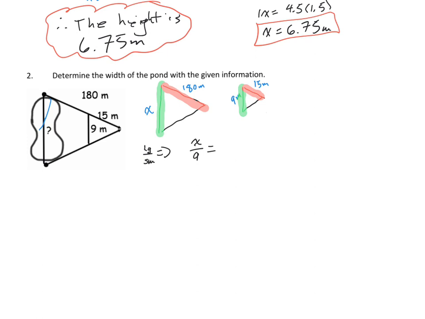Once we've highlighted that, we just do our calculations. Big over small is 180 over 15. Now we're going to do the cross product to solve for x. So we get 15x is equal to 180 times 9.